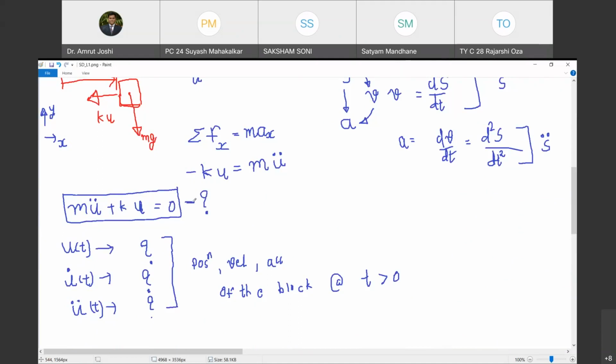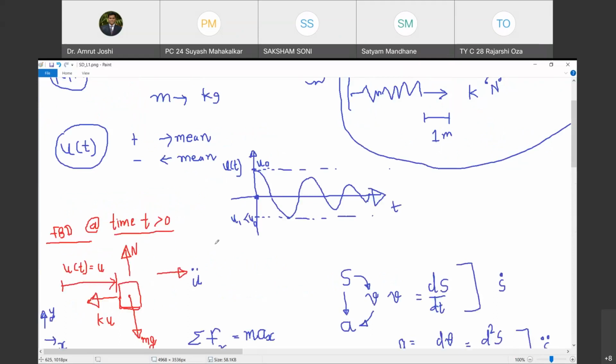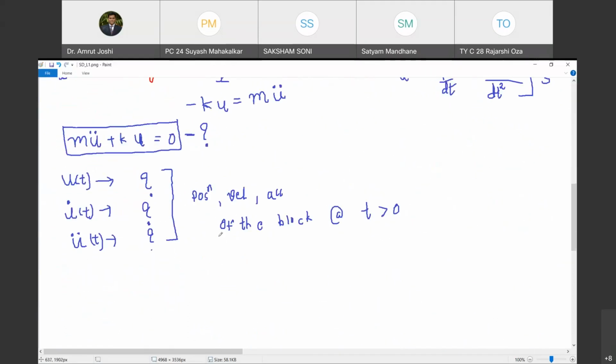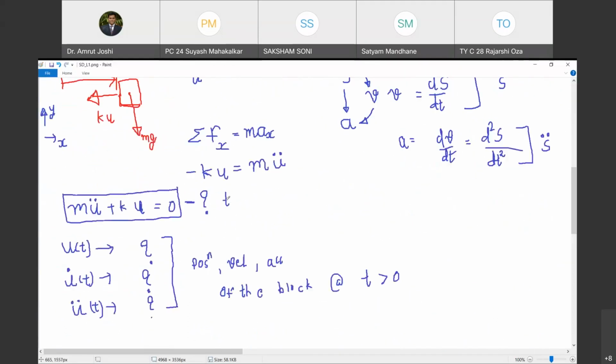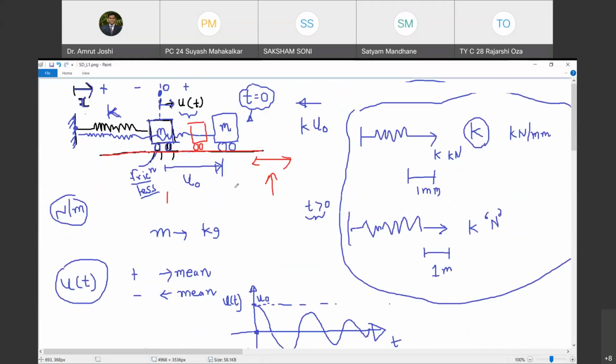Yes, if it is a second order differential equation, not degree, sorry, you are going to need two boundary conditions. Are you with me? Yes, sir. And what are those conditions here? So look here, at time t equal to 0, can you tell me what is the displacement or what is the position?